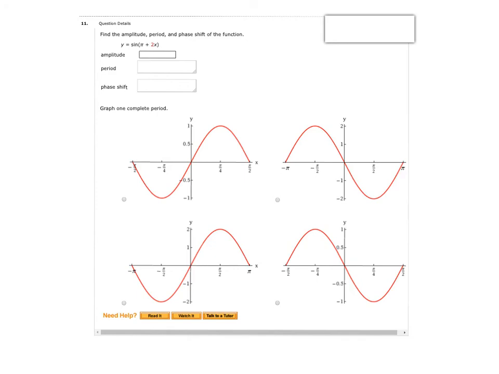All right, next one here, I think it's really easy to see. The amplitude is 1. The period here, we do have a k value multiplying by x, so that's going to be 2 pi over 2, so that'll be just pi. The phase shift here is a little harder to see because we have a number multiplying by x. On this one, for the phase shift, we need to take the whole inside and set it equal to 0 and solve.